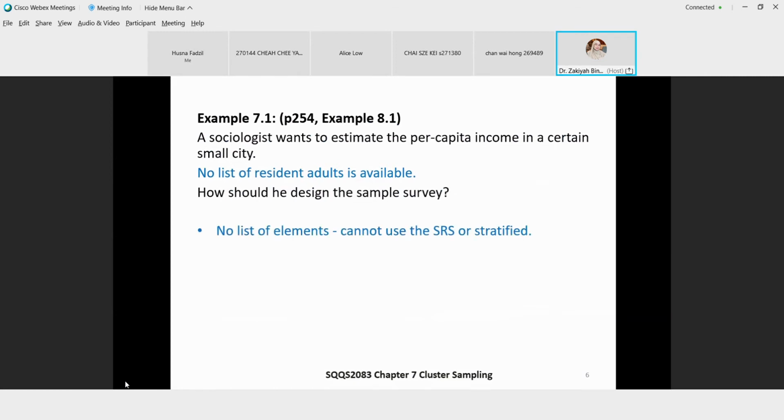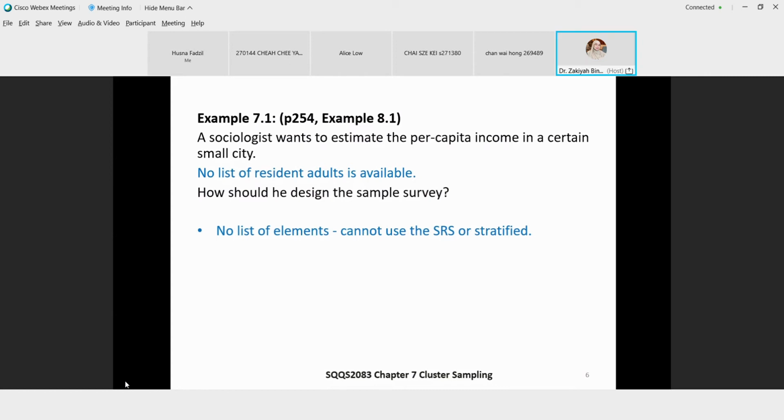The elements here would be the adults. Remember elements? The subjects where you get the measurement or the data from. In this case, the data that we need is the person's income. We assume they're all adults. So the element is the resident adult.